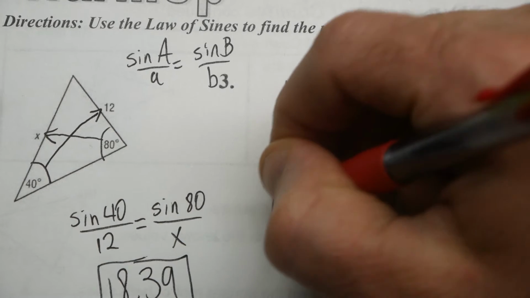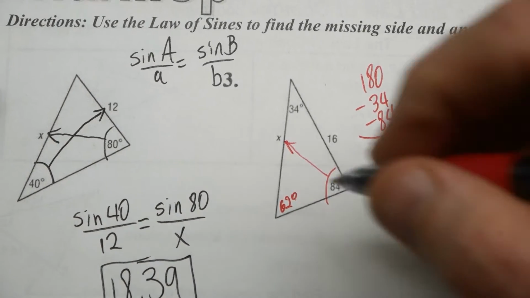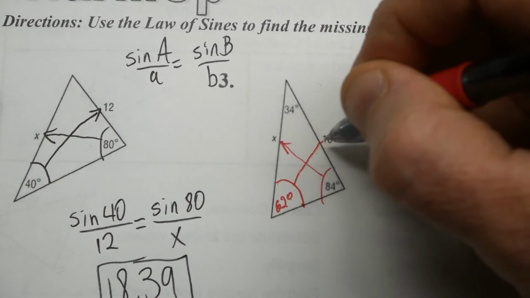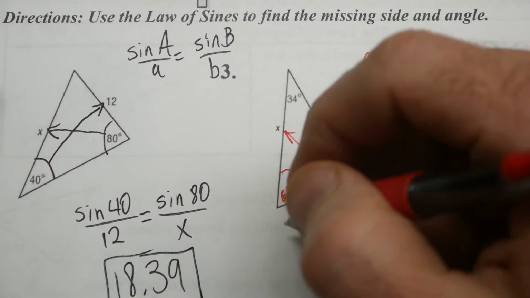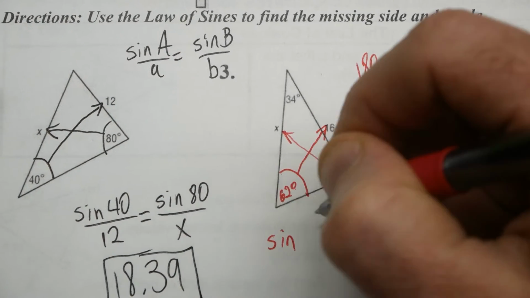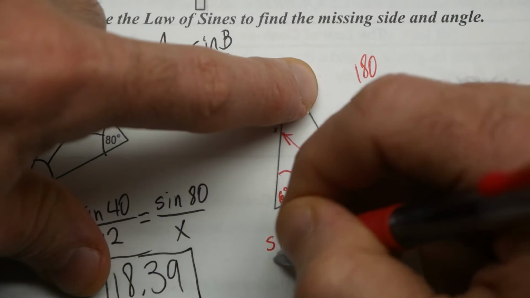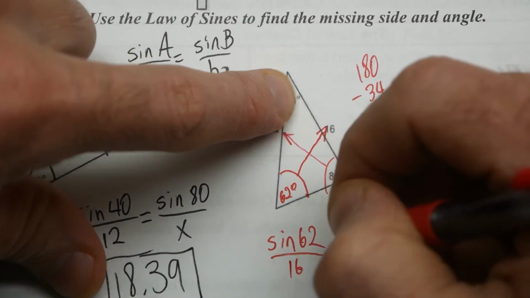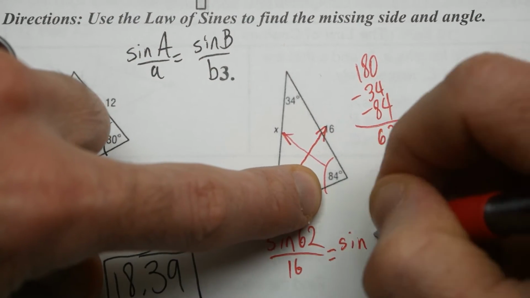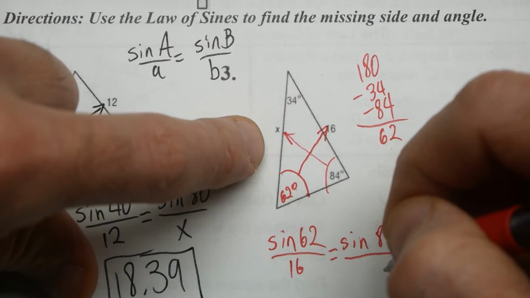So this angle right here is 62 degrees. Now I know the angle that's opposite that side. So plugging this into the law of sines, it's going to be sine of 62 over 16 equals sine of 84 over X.